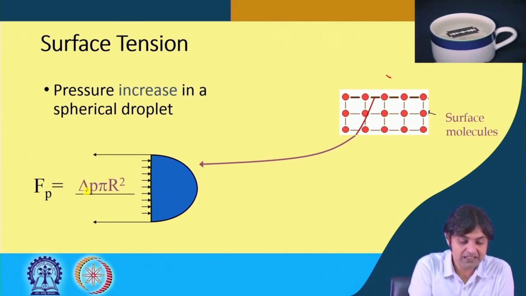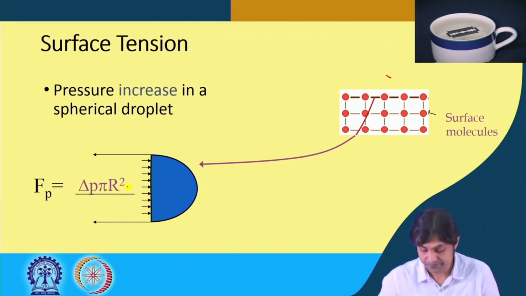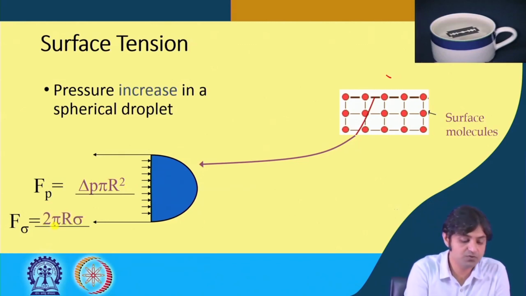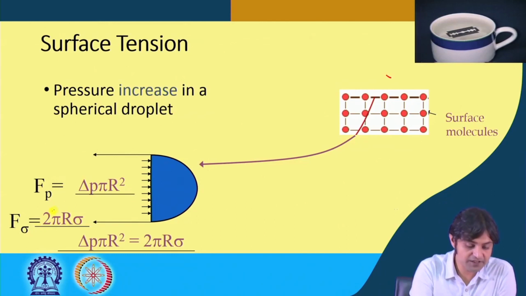There will be a force delta P into pi r square due to the pressure difference, and the force of surface tension that will be resisting is going to be 2 pi r into sigma. This is the standard surface tension that you have read before, but I am repeating it again. In case of force balance, F sigma should be equal to the pressure force, delta P into pi r square.